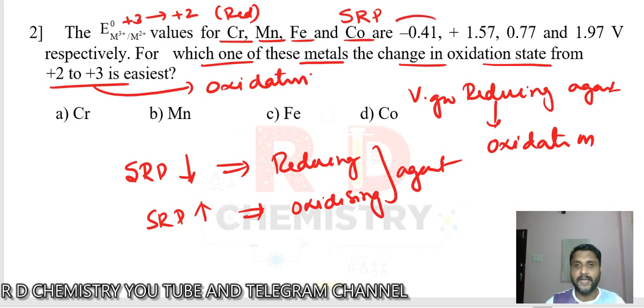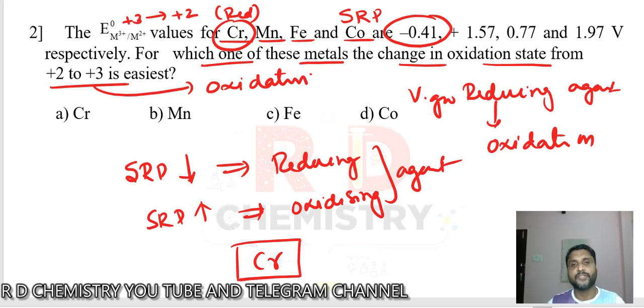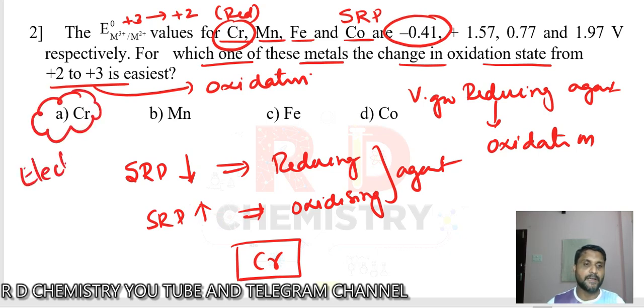Here you can see the negative term, minus 0.41, corresponding to chromium. So chromium is a very good reducing agent. Therefore it undergoes oxidation easily. Got it? So the answer is option number A. This is based on the electrochemical series. We have to go through some of the applications of the electrochemical series, which are very important.